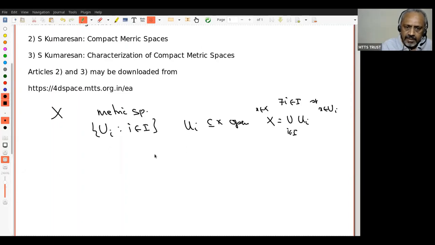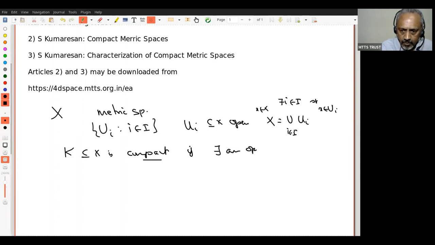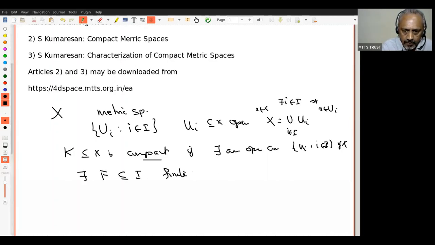Okay, right. I say a subset K of X is compact if whenever you give an open cover U_i, i in I, of possibly X, there exists a finite subset, I'll simply say a finite subset of the indexing set, so that K is a subset of the union over i in the finite set of U_i.